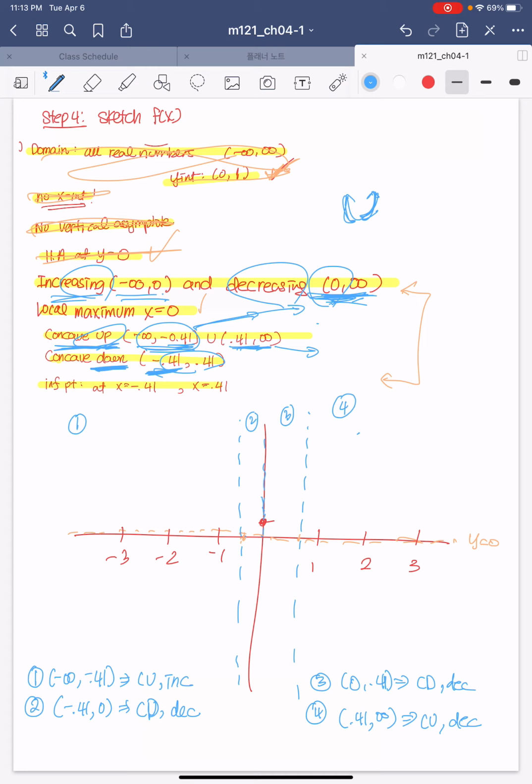If you have a concave up and then increasing, this will be this part over here. So I have this picture in region 1. Concave down and then decreasing will be this part here.